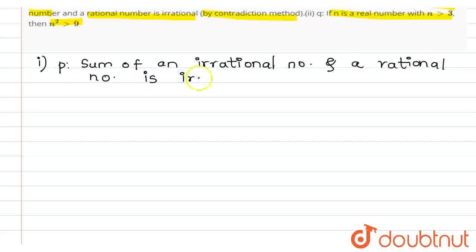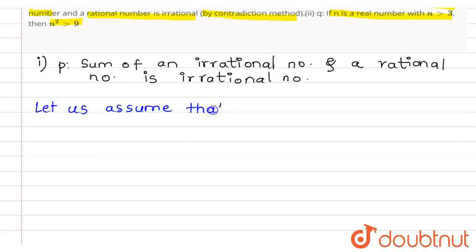Okay, so we have to validate that statement. What we are going to do is assume it. So we will say, let us assume that the statement P is false. Okay, it doesn't hold true.